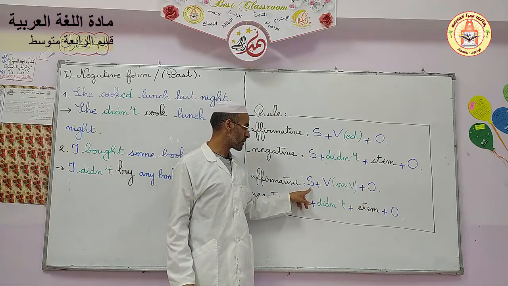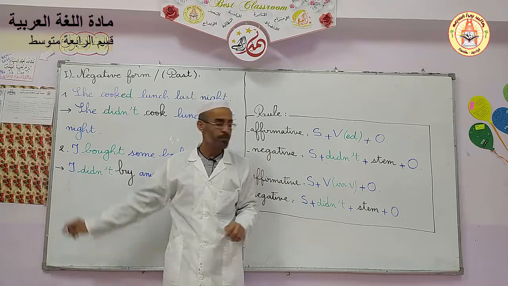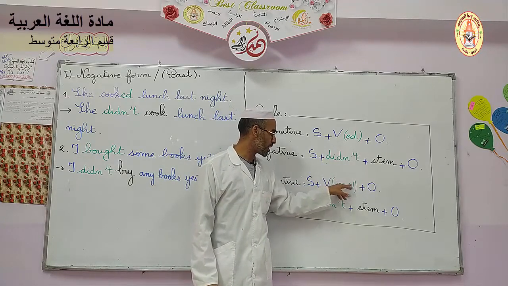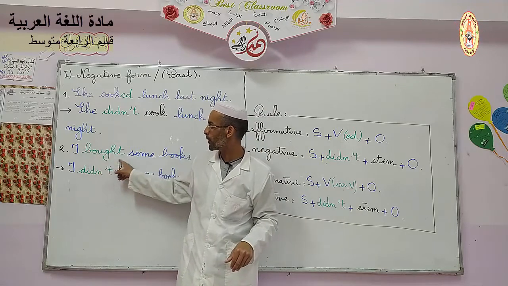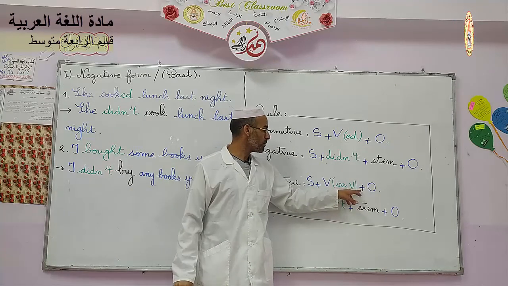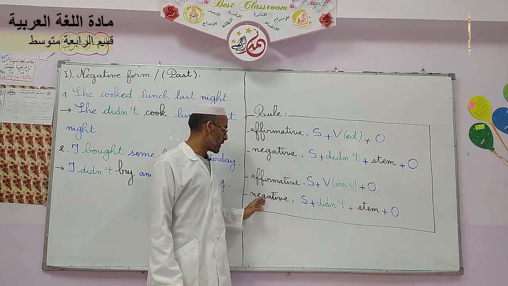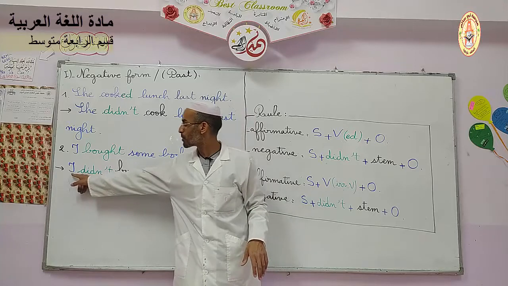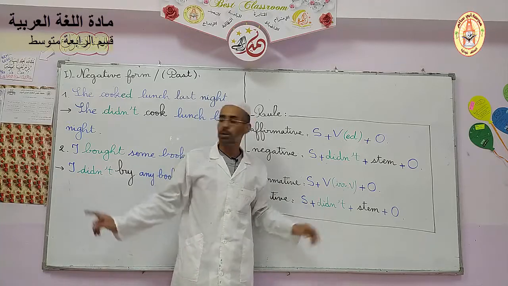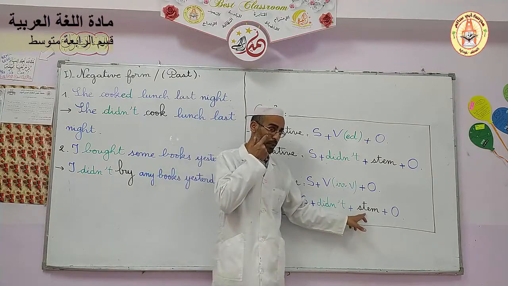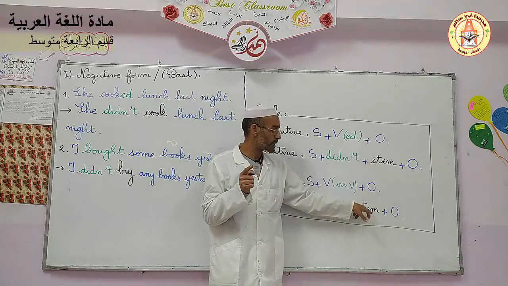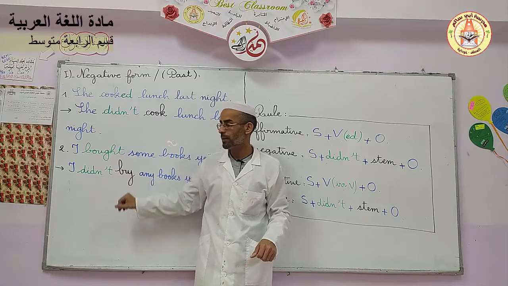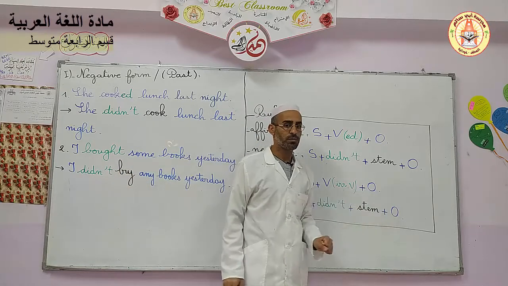Affirmative, we have subject, here I, plus an irregular verb, like bought, plus object. Negative form, we have subject plus didn't, plus, pay attention here, stem, it's the same. Stem means this verb we have to change to the infinitive form, plus object.